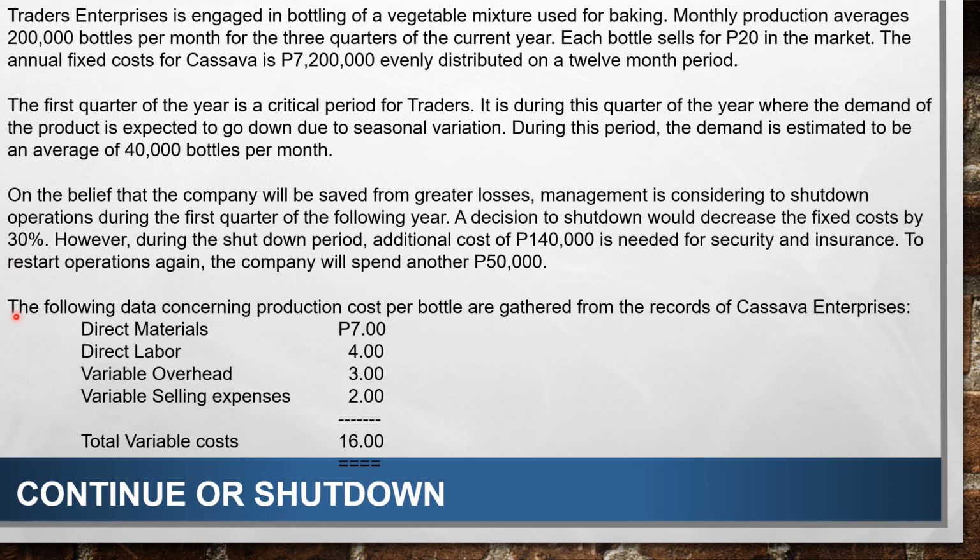The following data concerning production cost per bottle are gathered from the records: direct materials 7 per unit, direct labor 4 per unit, variable overhead 3 per unit, variable selling expenses 2 per unit. So we have a total variable cost of 16 per unit. The question: should Traders continue operations, or is it better to shut down operations?